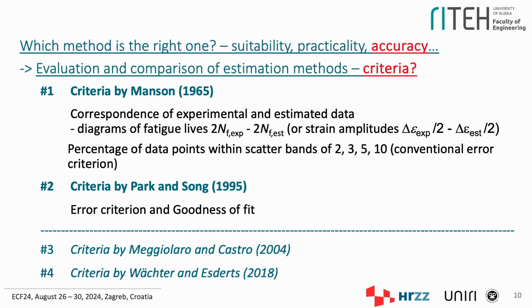In the literature, a number of criteria by which methods can be compared, evaluated, and selected are proposed. Criteria number 3 and 4, proposed in their own references, are used only in their respective papers. I haven't found application elsewhere, so we decided also in our previous research to focus on these 2 criteria, by Benson and by Park and Song.